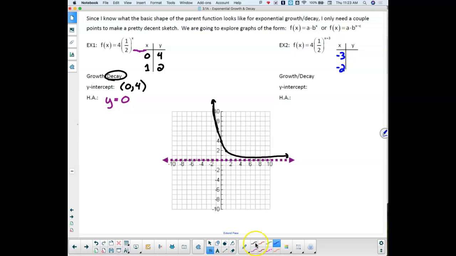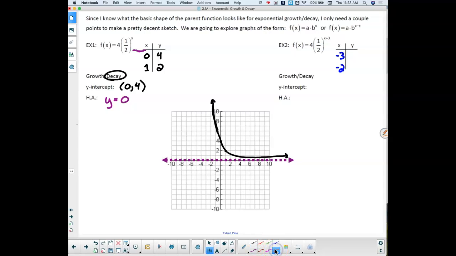So on this one, I got to find an extra point. So -3 in the exponent plus 3 gets me 0. 1/2 to the 0 power is 1 times 4 is 4. -2 plus 3 is 1. 1/2 to the first power is 1/2 times 4 is 2.